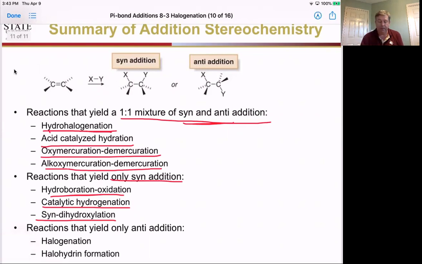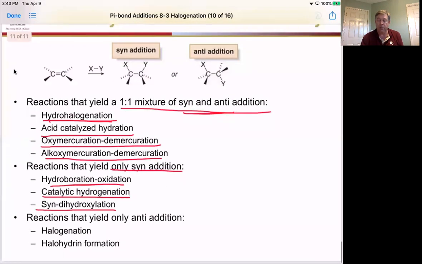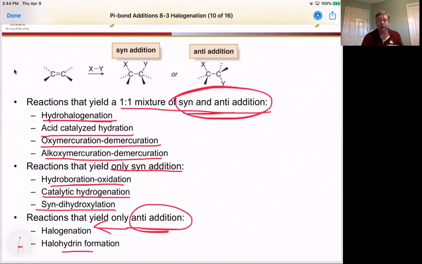In reactions where you only get anti, the halogenation reactions, we form that bromonium cation intermediate sitting on top of the double bond, and then with the halohydrin or any other nucleophile that comes in to attack, we only get anti addition. So by choosing our reagents, we can get a mixture of syn and anti, we can get syn only, or we can get anti only.